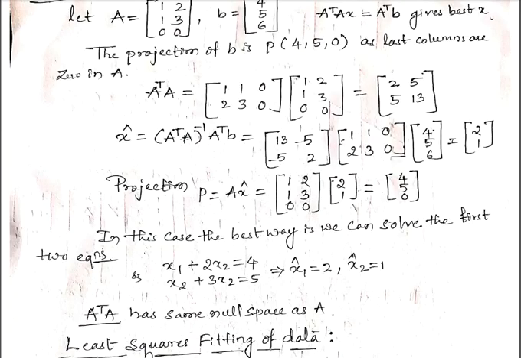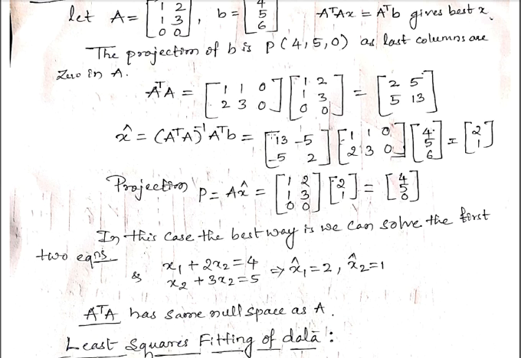So let's solve this. We have got the value of A transpose A already, and its inverse is to be found. The inverse of a 2 by 2 matrix is obtained by exchanging the diagonal elements. As we know, this 13 is taken first and the 2 has been moved here, and the sign of the minor diagonal elements is changed.